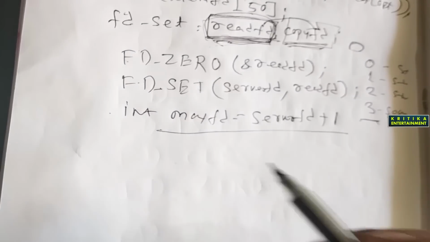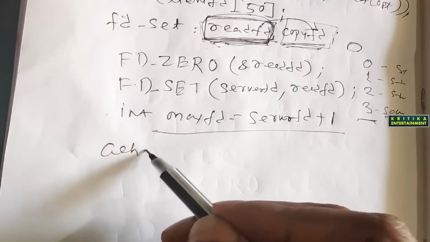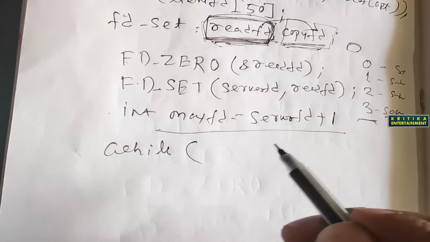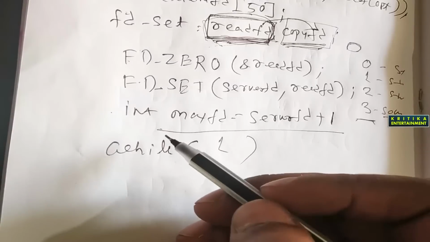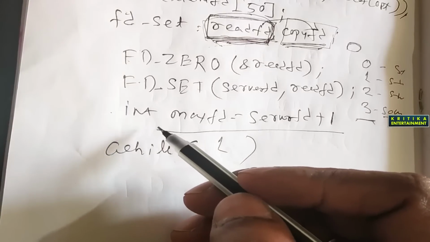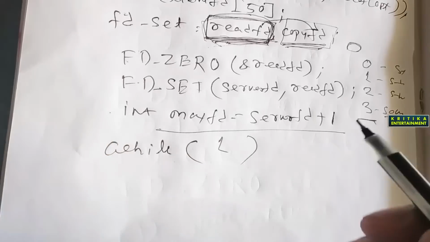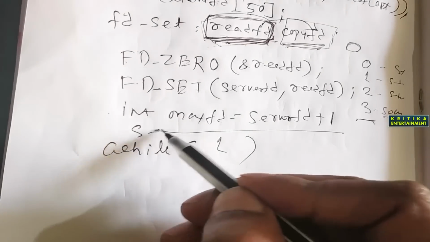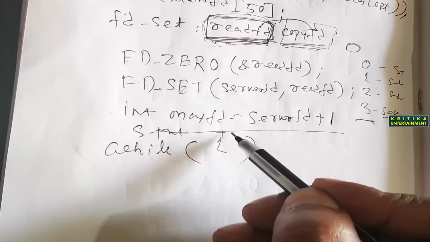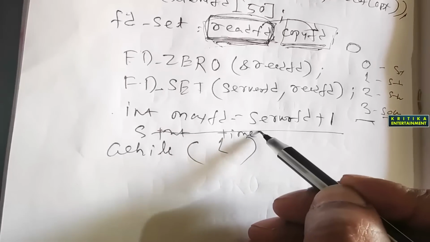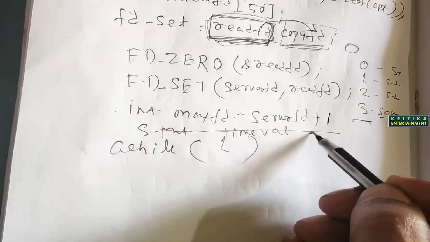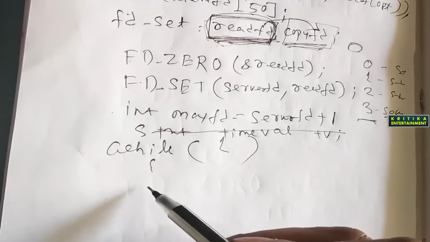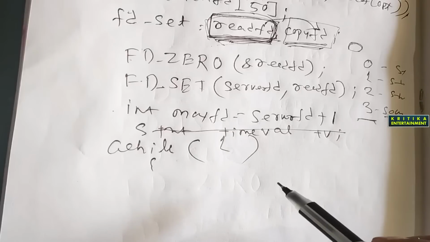What will we do in the while loop? In the while loop we write 1, because I want it infinite, since a number of clients will be connected. Here I will declare one variable, struct timeval tv. The last parameter in select is the time.